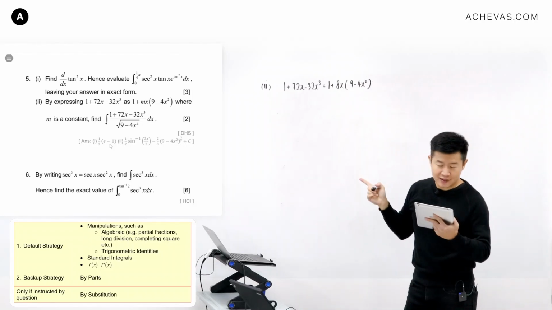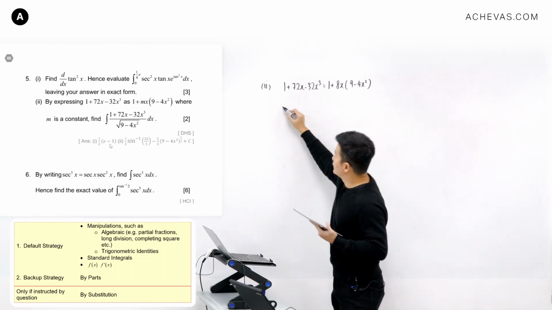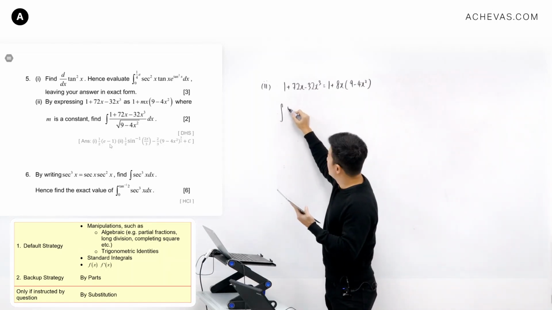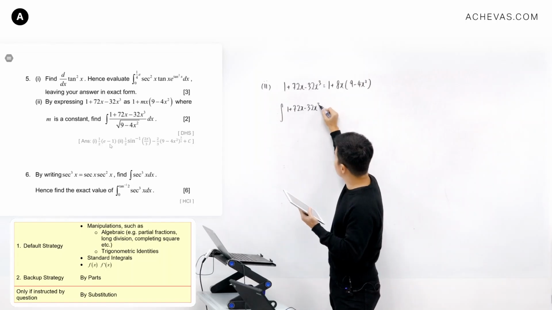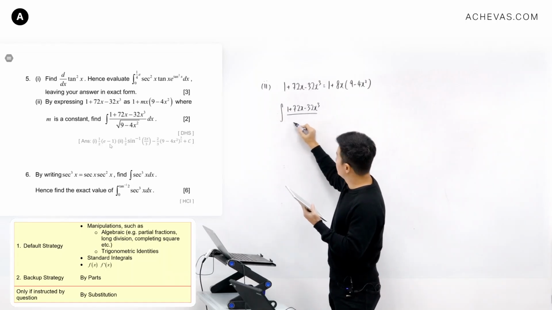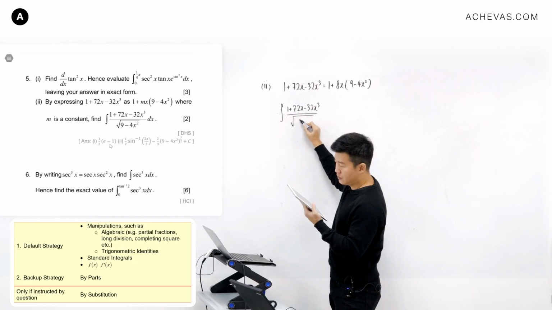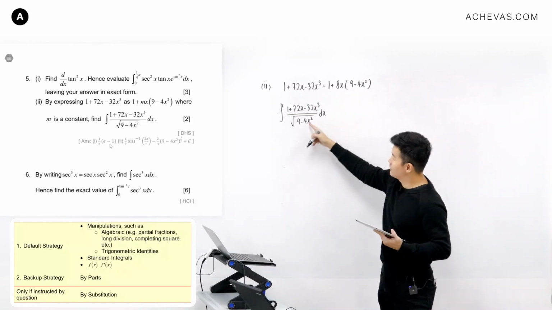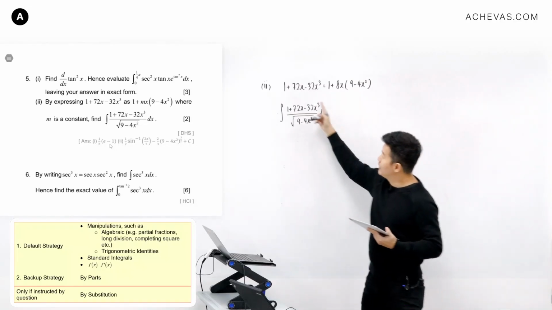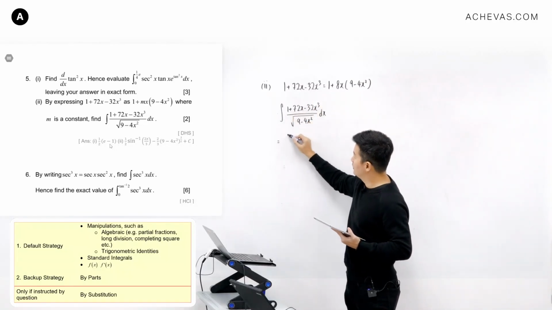So I'm going to apply this to help myself integrate this. 1 plus 72x minus 32x to the power of 3, divided by the square root of 9 minus 4x squared, which is comforting because we are getting this 9 minus 4x squared here after I manipulated the expression from the numerator.